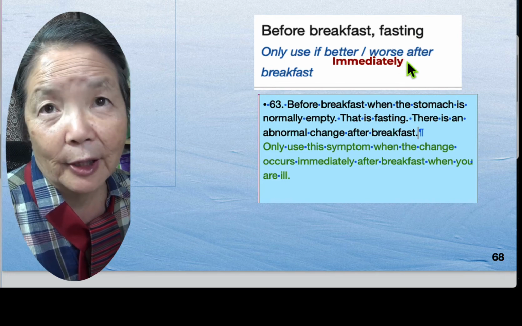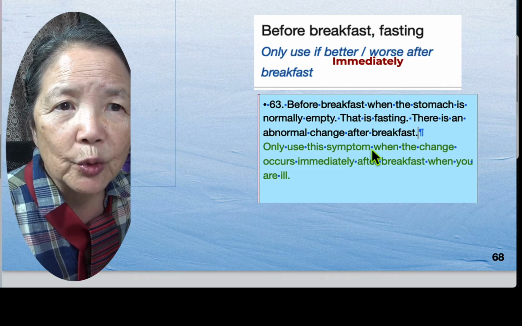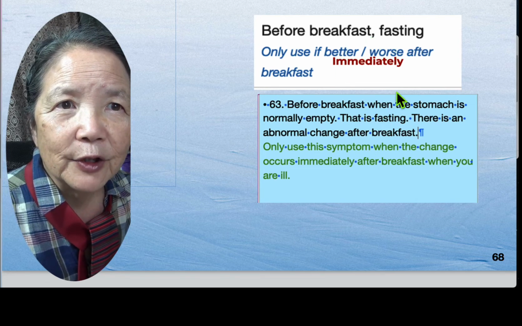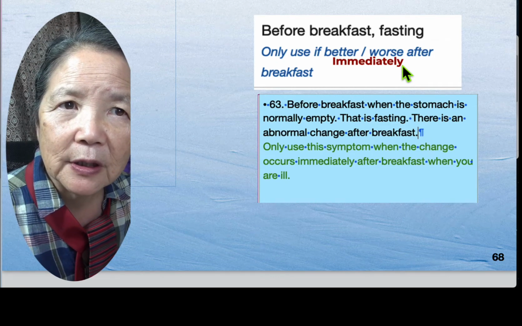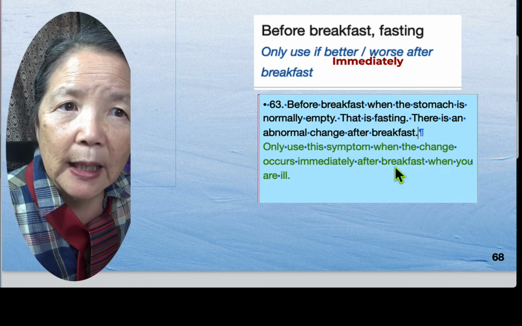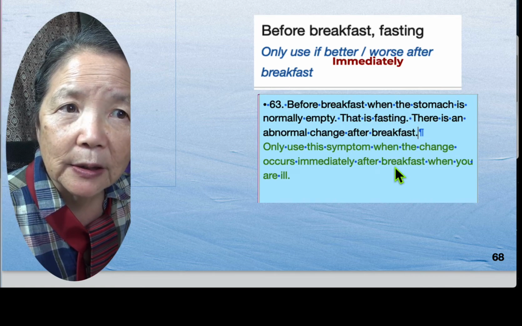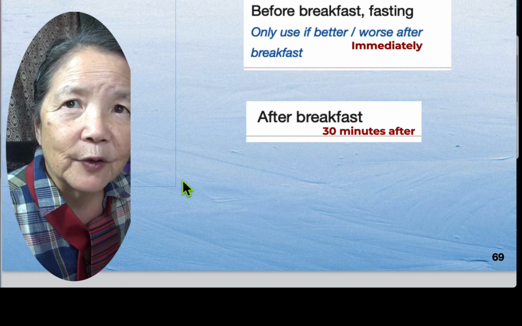It's a natural consequence. So these two rubrics are different, and this one has to do with immediately after breakfast, you're better or worse. And this one is 30 minutes later. So the two are somewhat different.